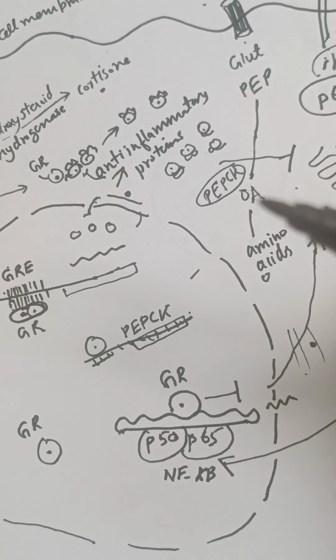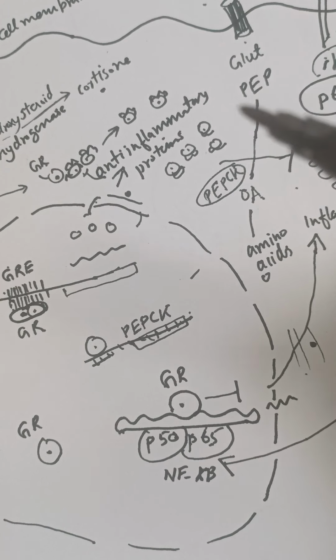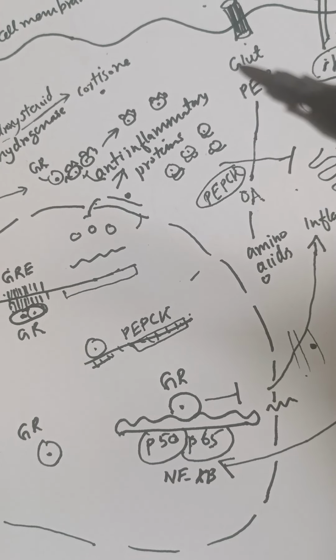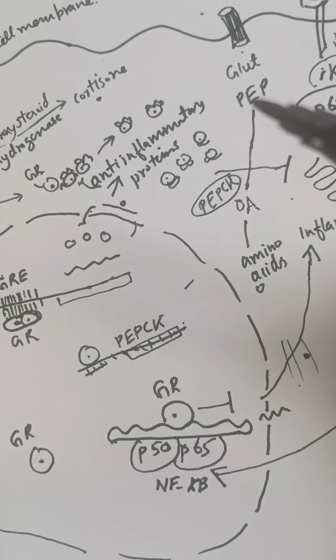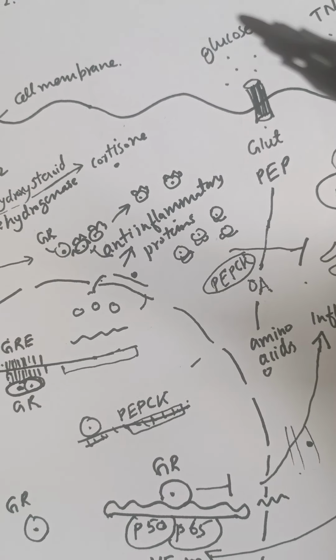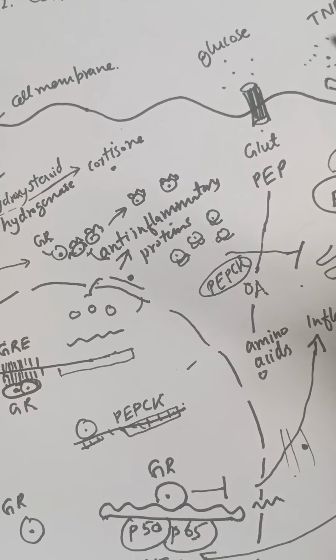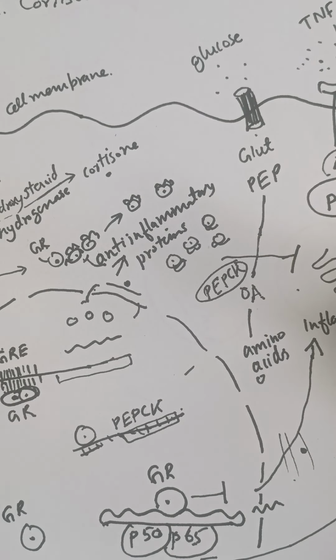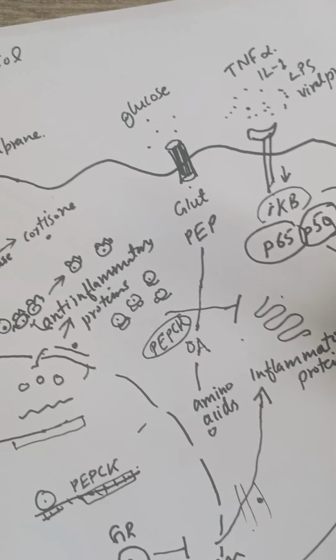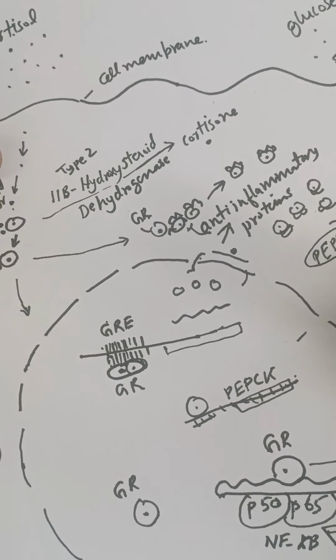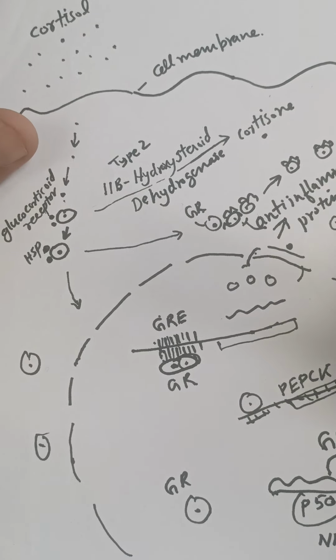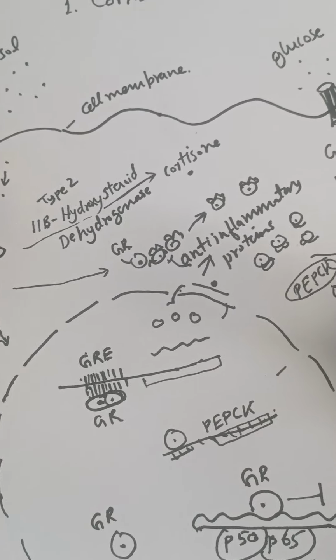And this protein is then involved in the conversion of oxaloacetic acid into phosphoenolpyruvate, and thus increases glucose formation through gluconeogenesis and the release of glucose. So this is one way. The cortisol receptor is one of the 48 nuclear receptors involved in regulation of a specific set of genes.